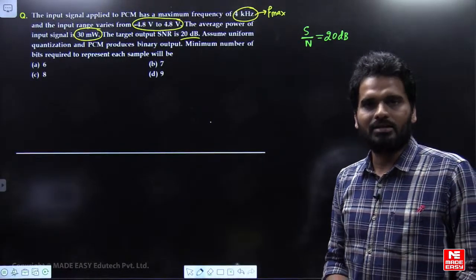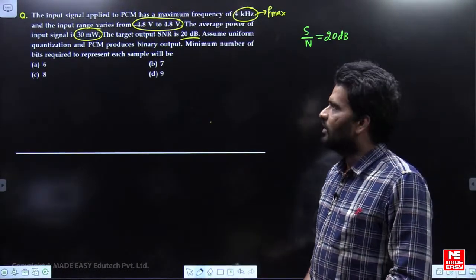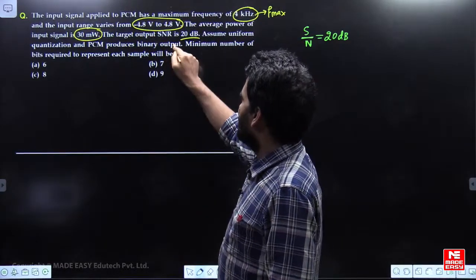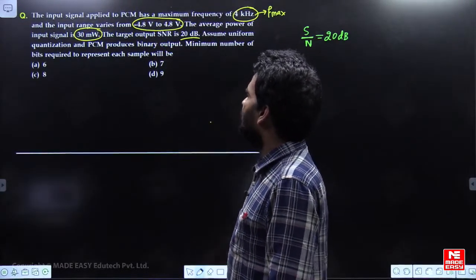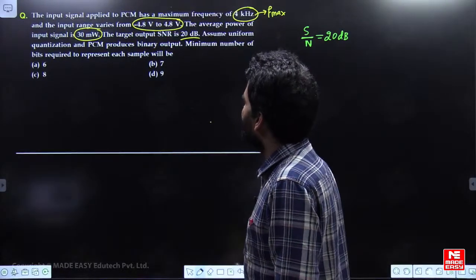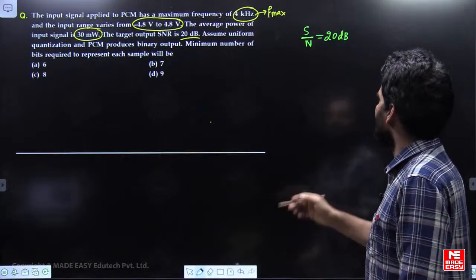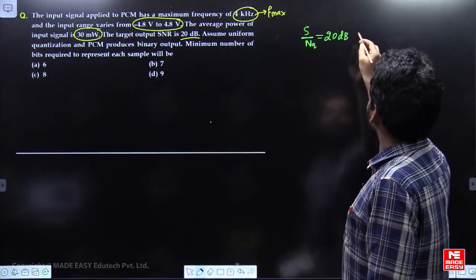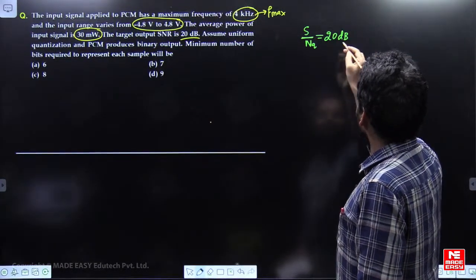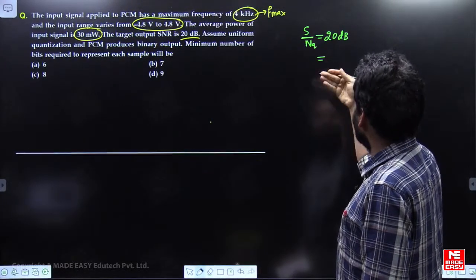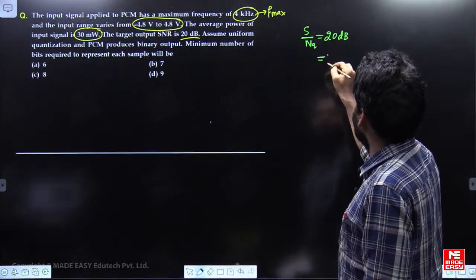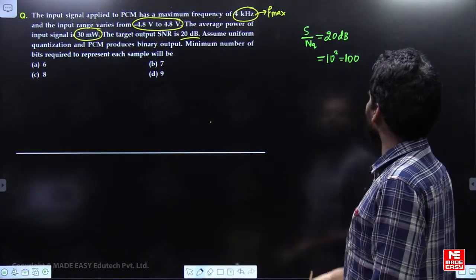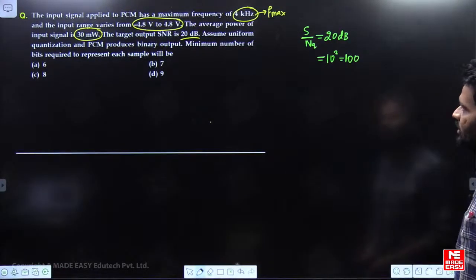When we talk about a PCM system, the S by N you see, you have to understand as signal to quantization noise power ratio only, even in the examination. Whenever the question is framed for PCM and you see SNR, understand it as signal to quantization noise power ratio only. For my convenience I'm writing this as S by NQ, 20 dB. In normal value, the corresponding value will be 10 power 2, that is 100.